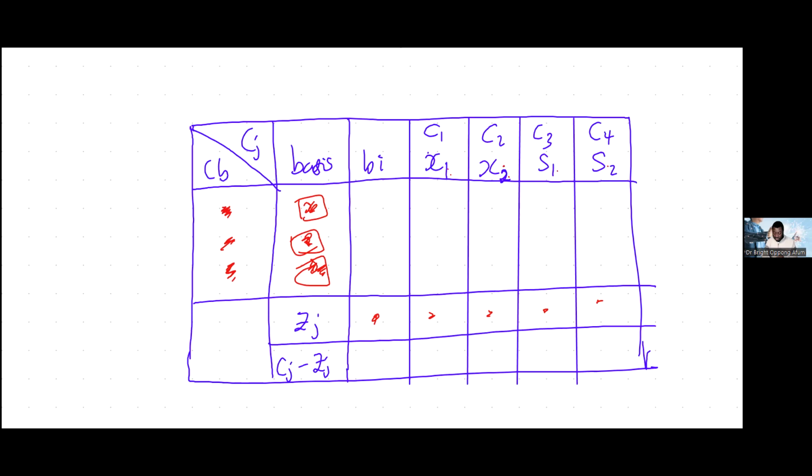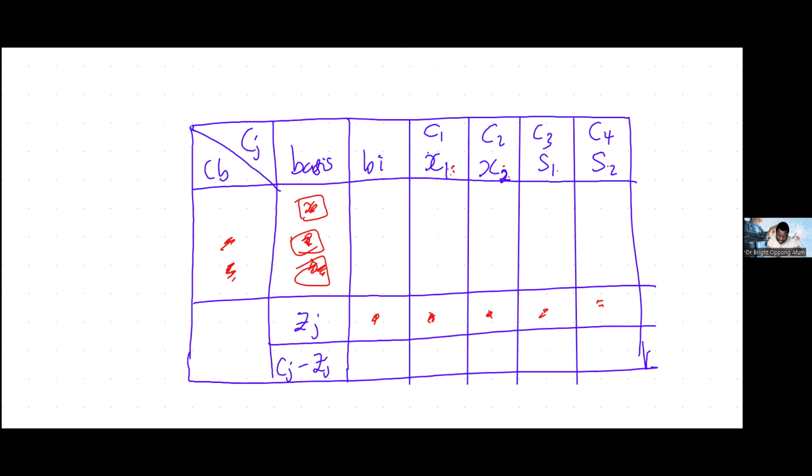Then the CJ minus ZJ is the unit increase in profit if any of the decision variables is supposed to enter into solution, right? So it's fun when you are doing the iteration, and I'm hoping that we'll all catch it.